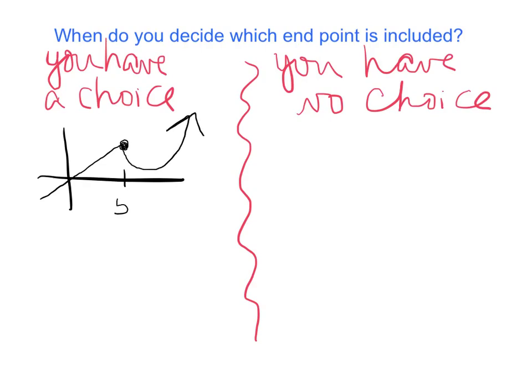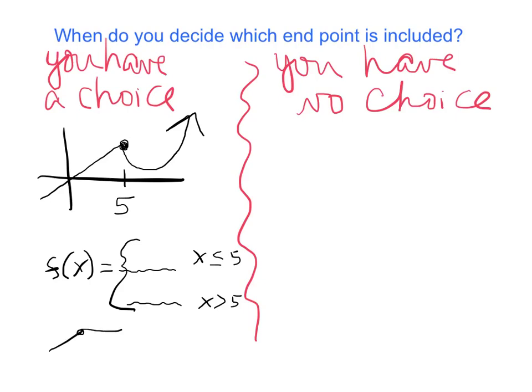We'll say this is the point, or the value x equals 5. We've got two rules, and right now I don't care. I'm just going to say f of x equals some line and some other line, right? Or this is actually a parabola. Here we could choose, okay, well, this is x less than or equal to 5, and this is x bigger than 5, because the 2 points meet each other.